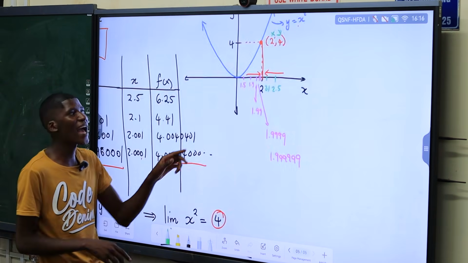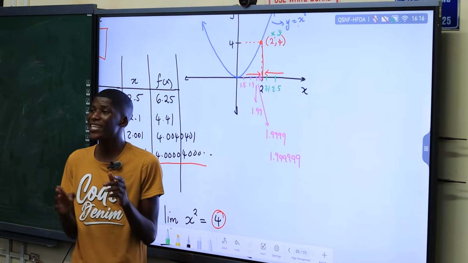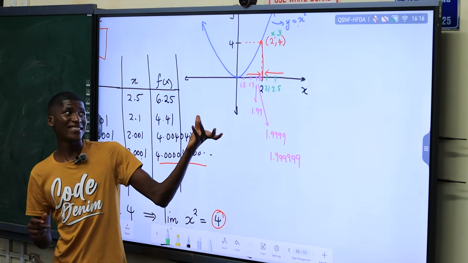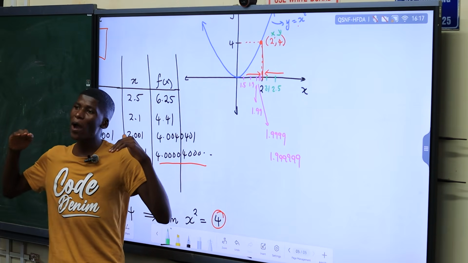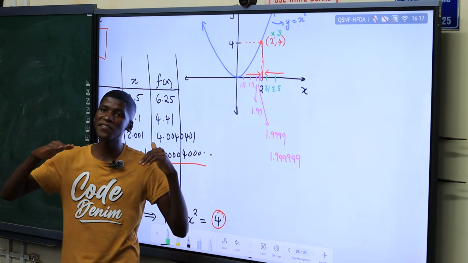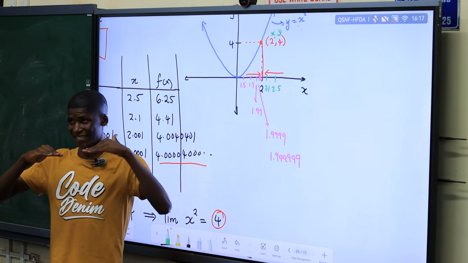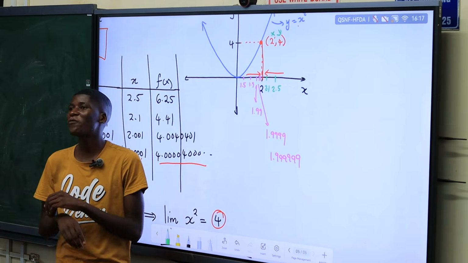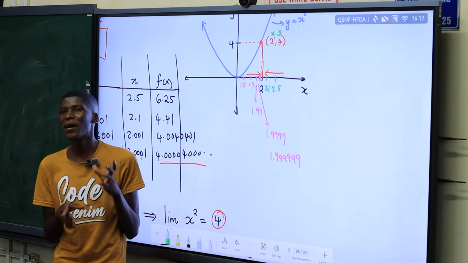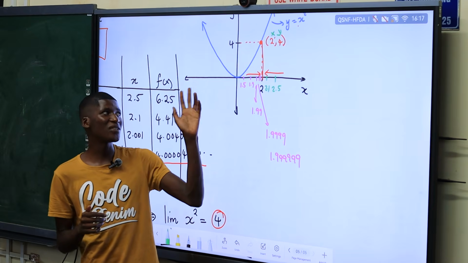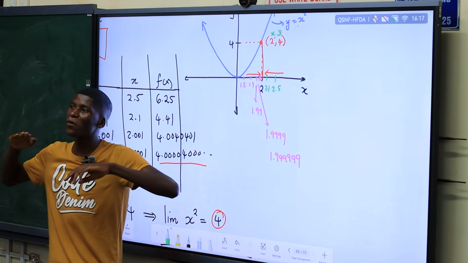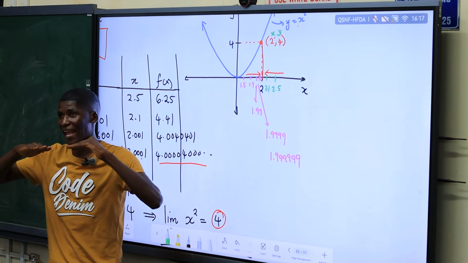Remember that the 2 is our x value. We have two possible ways of approaching it. For calculus 1, since it's our first year level, you can either approach it from the left or from the right. At an advanced level, you can approach a value from infinitely many ways. But for now, you are just using this 2D Cartesian plane in a single variable function. So you are approaching from the left and also from the right.